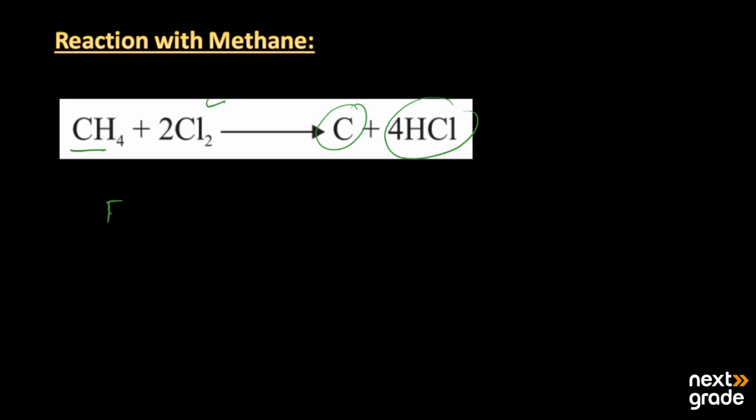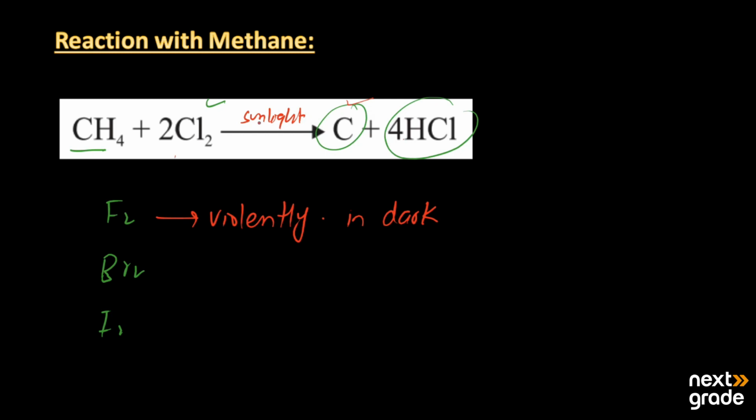But when we talk about the other halogens, fluorine reacts with methane violently, even in the dark. On the other hand, chlorine reacts with methane and produces carbon only in the presence of sunlight.